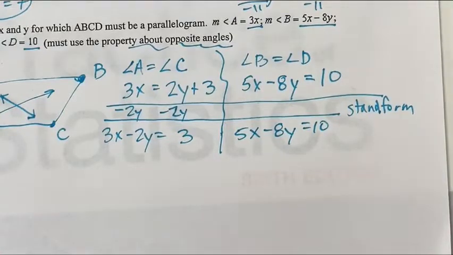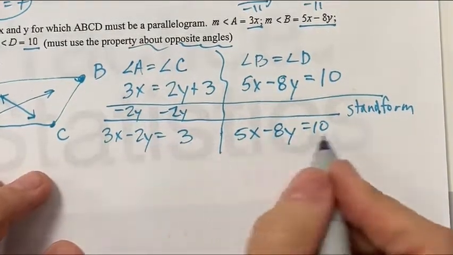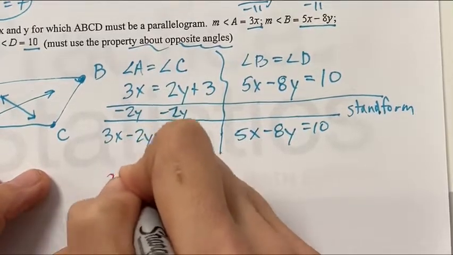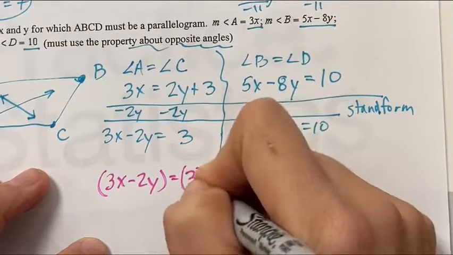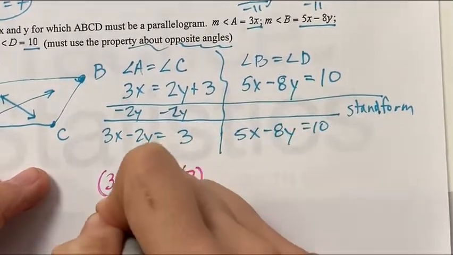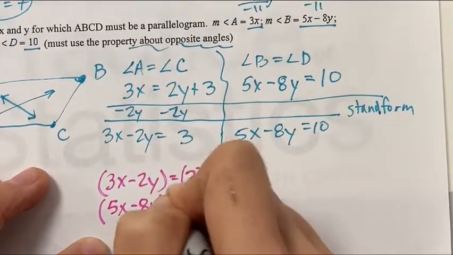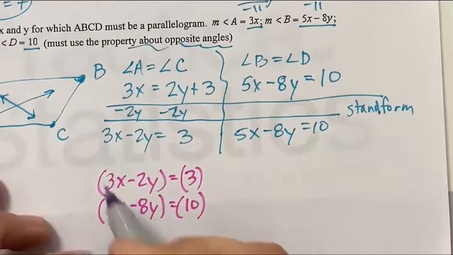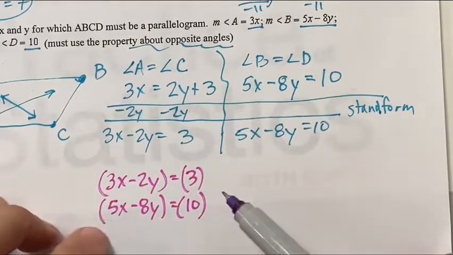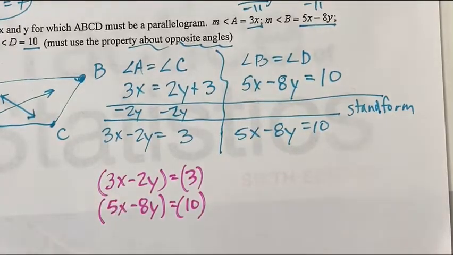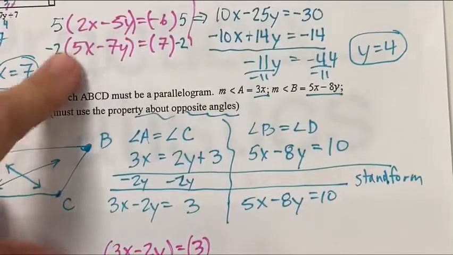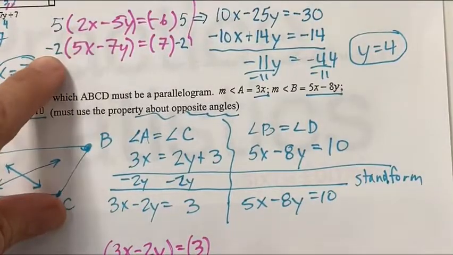Okay, so just like we did before, we're going to line them up vertically and see how they might be able to cancel. So 3x minus 2y equals 3, and 5x minus 8y equals 0. How could this cancel? Well, maybe I could get the x's to cancel like I did before by multiplying by that other number.